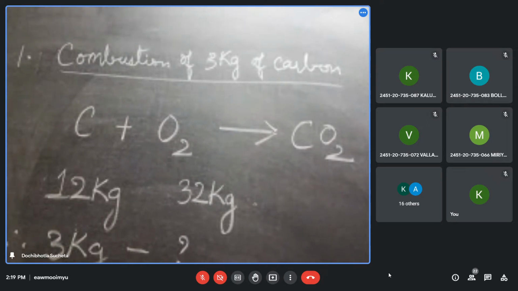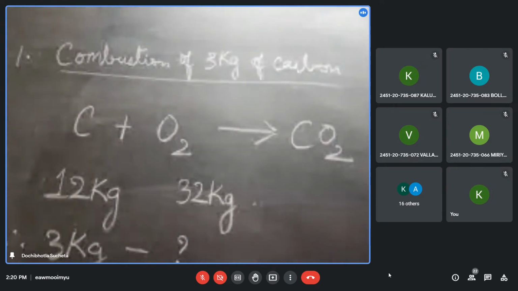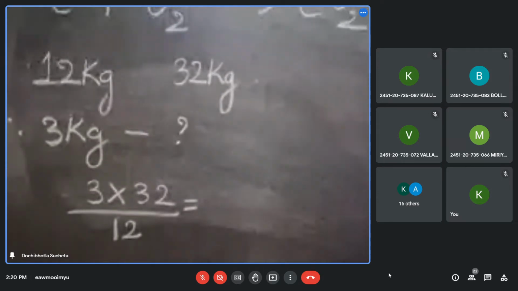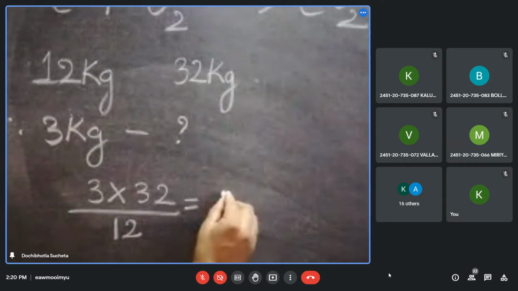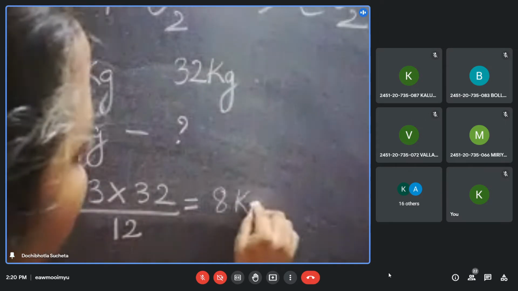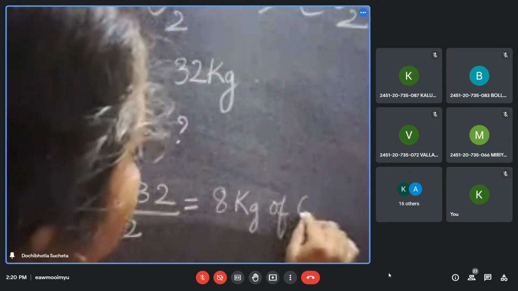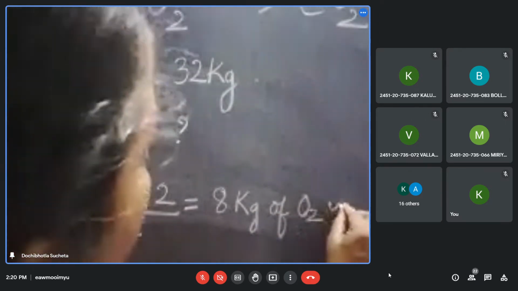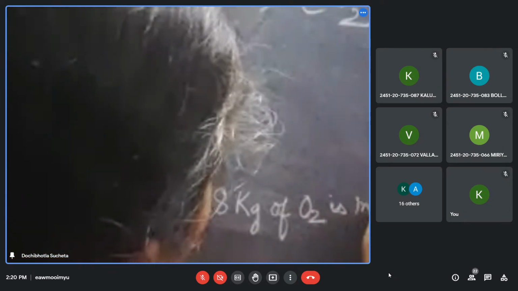Enter. I too got one calculator today. What's the answer? 8. Hello, kids, are you solving with me? 8 kgs of O2 is required.